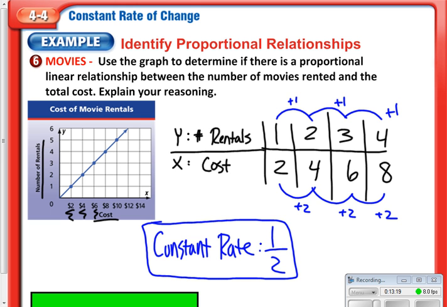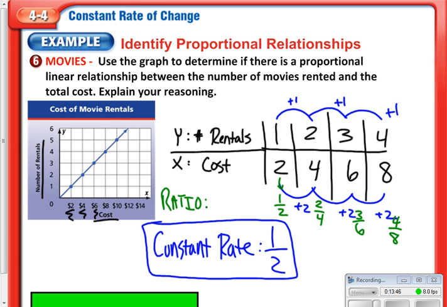Now I need to determine, is it proportional? And we find out proportionality by the ratio. If it has a constant ratio or the same ratio, it is proportional. So now I'm going to go ahead and start using this. I have 1 over 2, dropping that down, 2 over 4, 3 over 6, 4 over 8.